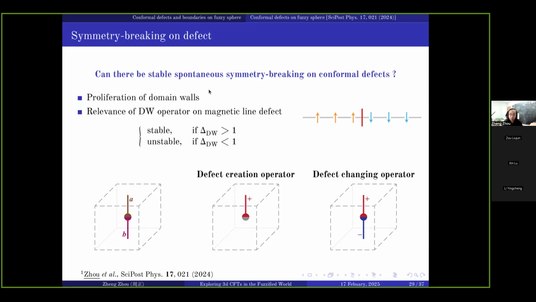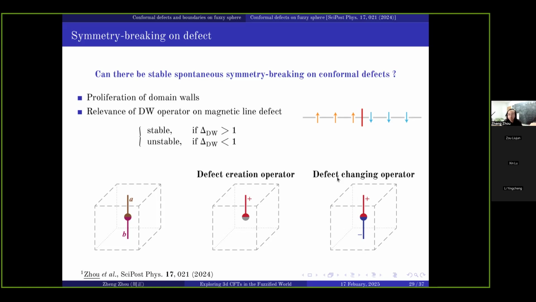In the language of conformal defects, this translates into the defect changing operators, where we take two semi-infinite long defects polarized towards different spin directions. For example, the upper half at spin up and the lower half at spin down, and joining them at one point.